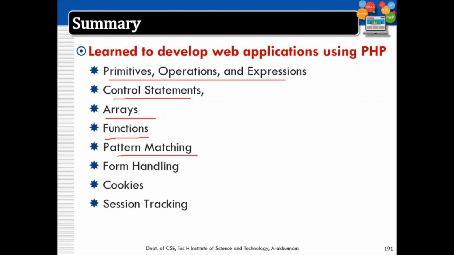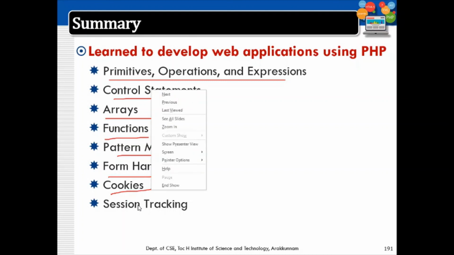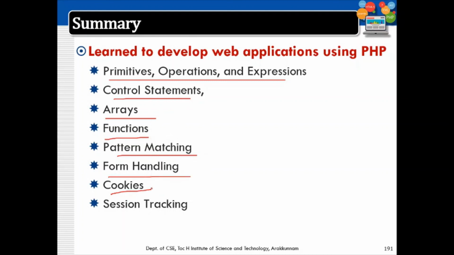Then pattern matching and some examples. Form handling, which is another important concept in PHP, where you pass the value and access it using superglobals like the $_GET array and $_POST array. Cookies: the setcookie function is used to create them. What are the 2 applications of setcookie? How will you access the cookie value?